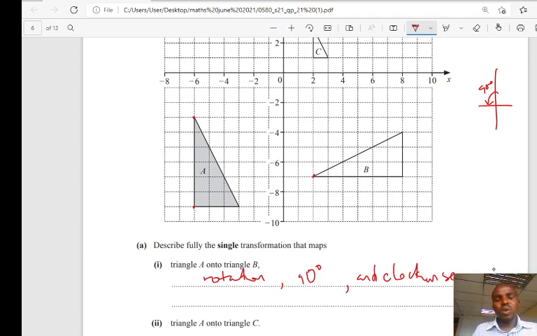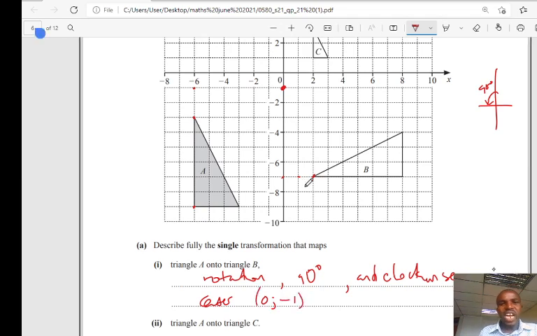X will become Y and Y will become X. If I count 2 boxes here, then 6 boxes, they all meet at this point. If you can count X and Y there, and Y and X there, yes, it works. So the center is (0, -1). Write center (0, -1). That's the center of rotation using the counting method.